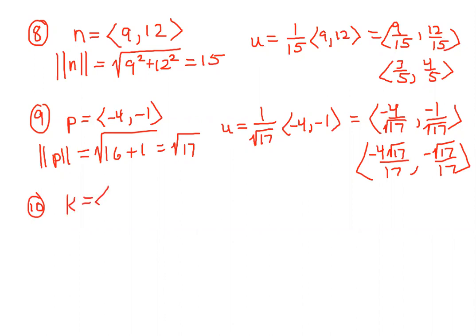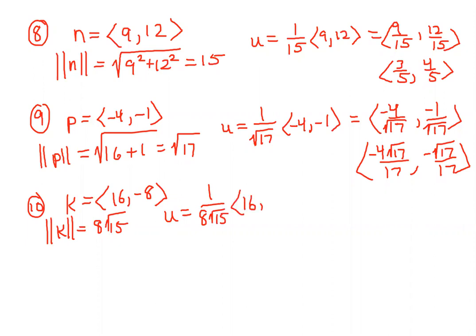Number 10, K equals (16, -8). Finding the magnitude, that is going to be 8 times the square root of 15. Okay, you can go ahead and find that. Our unit vector is 1 over 8 times the square root of 15 times (16, -8). So this is 16 over 8 times the square root of 15, -8 over 8 times the square root of 15.